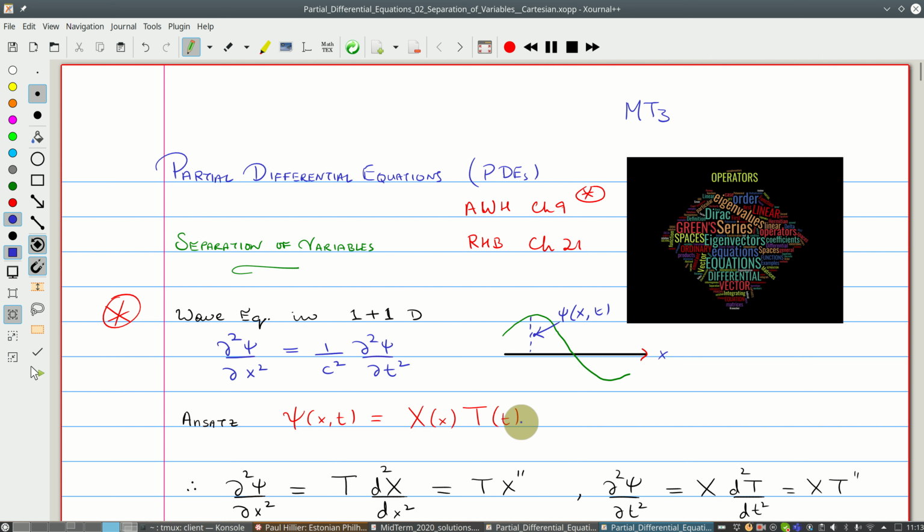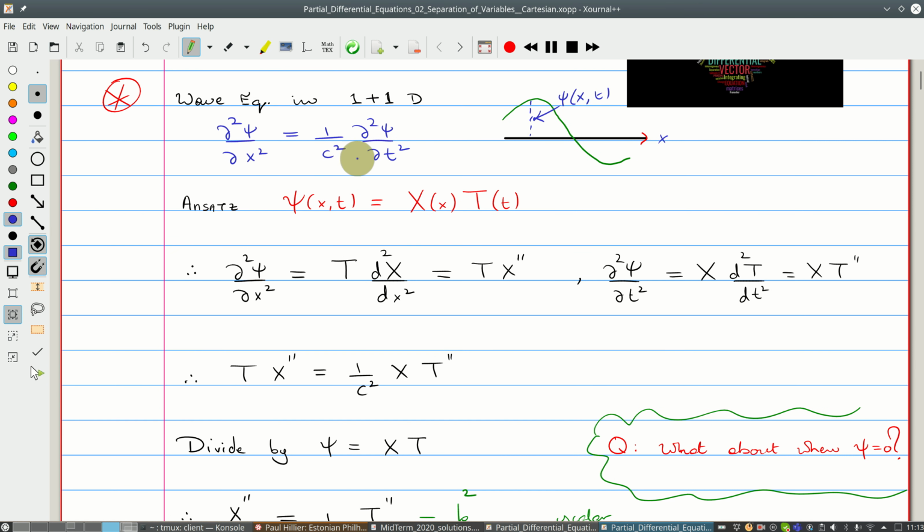Now the ansatz is that psi is a function capital X of little x times capital T of little t. As before, what you need to do is find the equivalent of these differentials with respect to these two. So the second derivative of psi with respect to x is T times the second derivative of X with respect to little x. Important distinction here: this is a partial differential on the left hand side, but here it's a total differential, because the function capital X is a function of little x only.